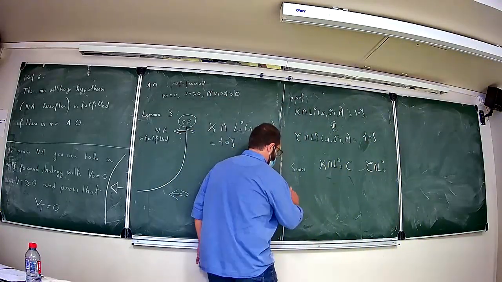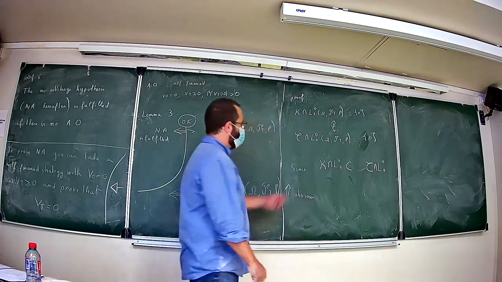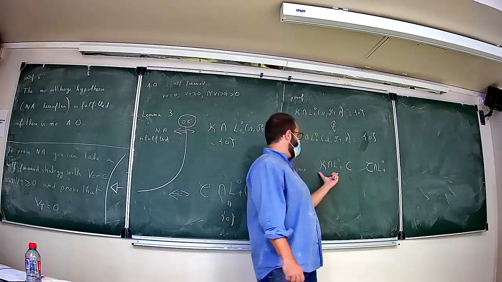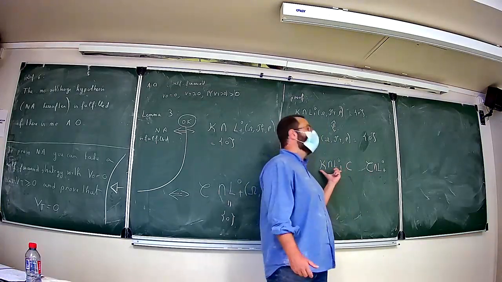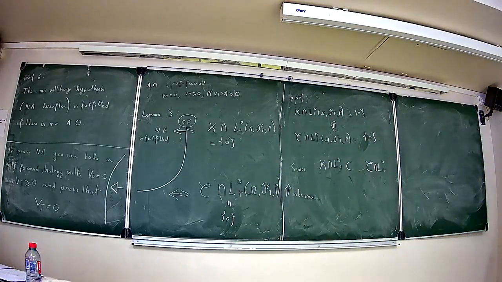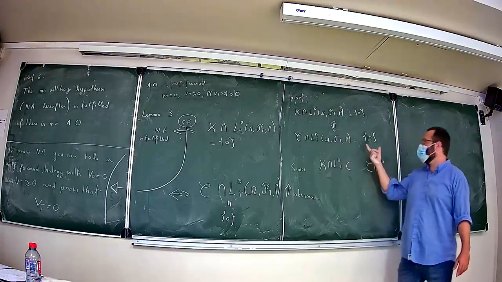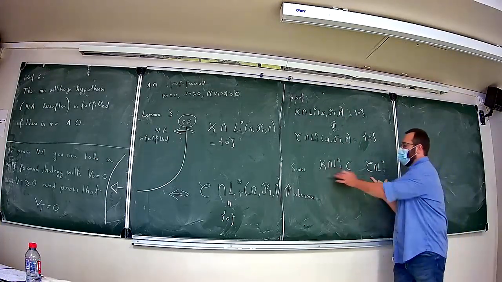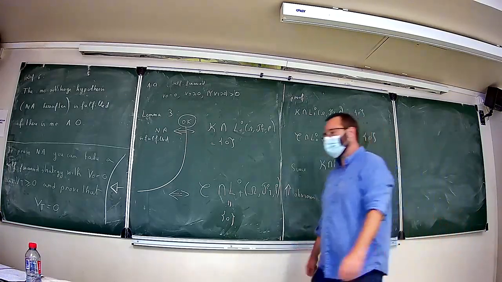This one. Because if the second one is 0, this one is included in 0, 0 being a member of this one, so this one is reduced to 0. So since calligraphic K is included in C, this implication is obvious because if I suppose this one is 0, then this one is included in 0 and in fact equal to 0 because 0 belongs to it.